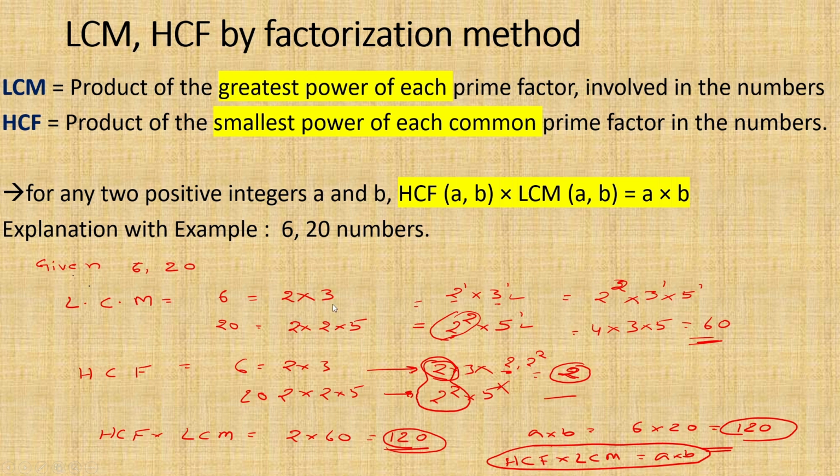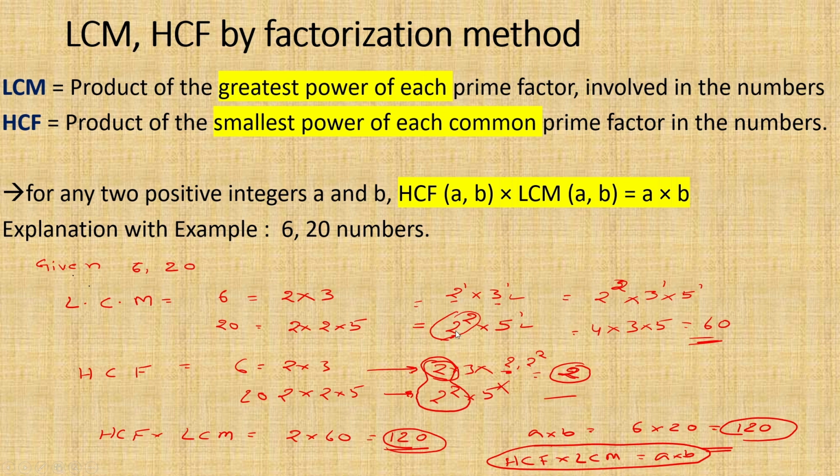Here we have 2 power 1 into 3 power 1, and here 2 power 2 into 5 power 1. What are the factors we have in both numbers? 2, 3, 5. So we need to include all the factors 2, 3, 5.